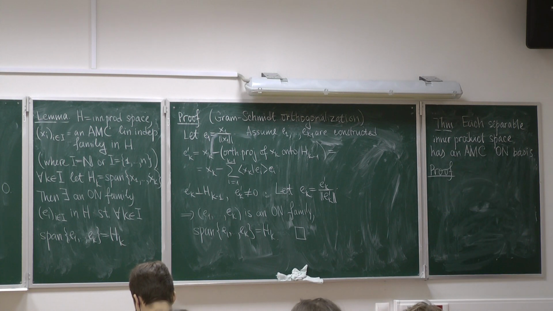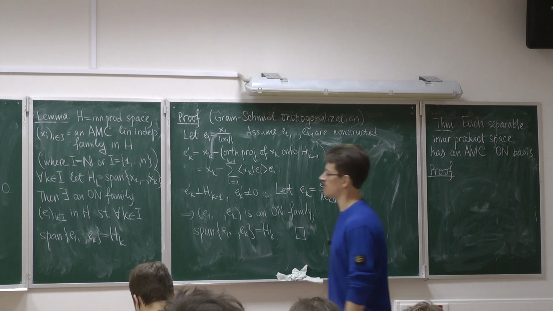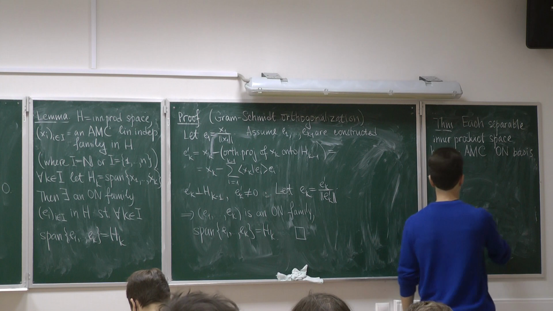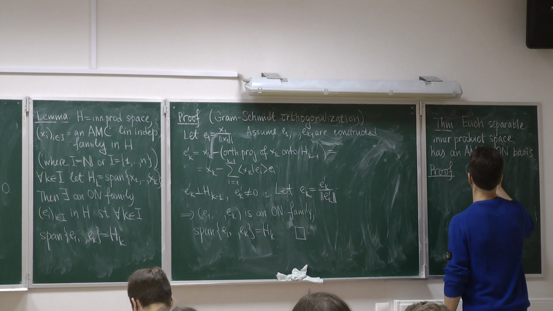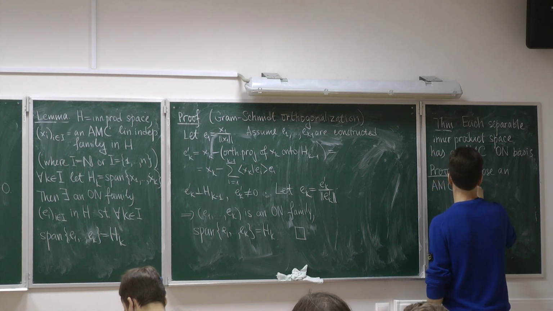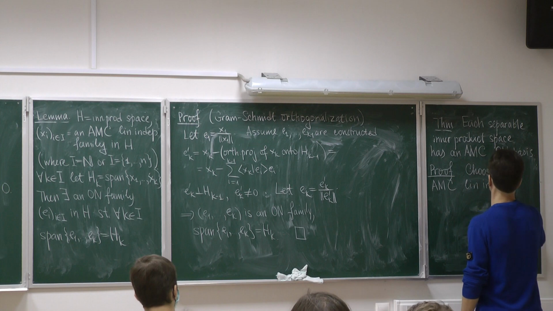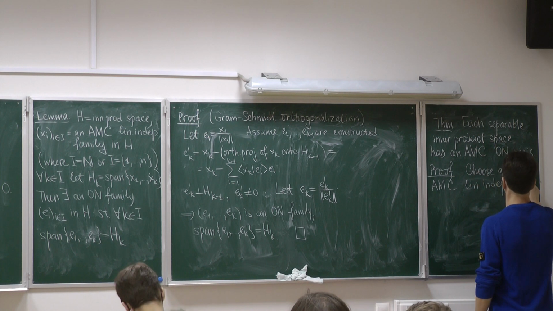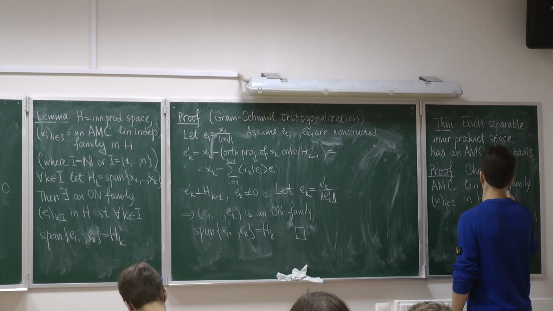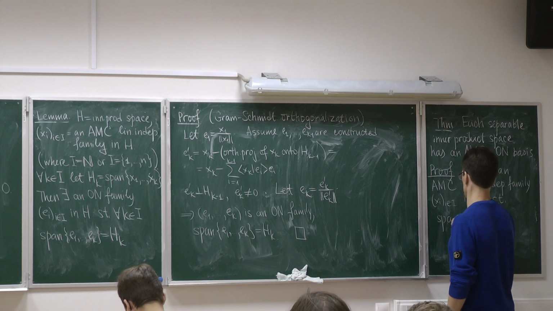To prove this result, we first use the assumption that our space is separable, and we choose an at most countable total linearly independent family in H. So we choose an at most countable linearly independent family Xi in H such that the linear span is dense.